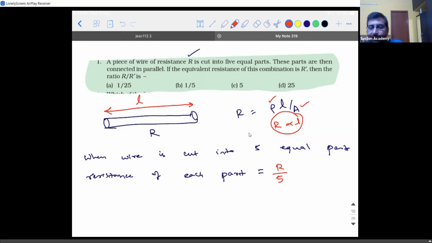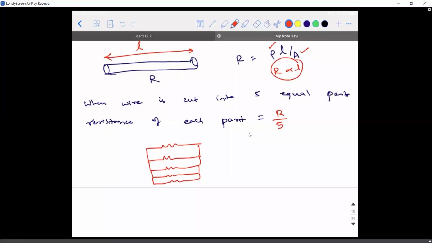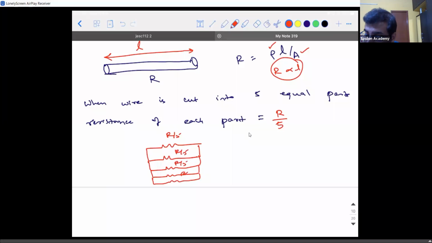So the total resistance itself gets divided into 5 equal parts. Now these 5 parts are connected across each other in what combination? Parallel. R by 5, R by 5, R by 5, R by 5, and R by 5.